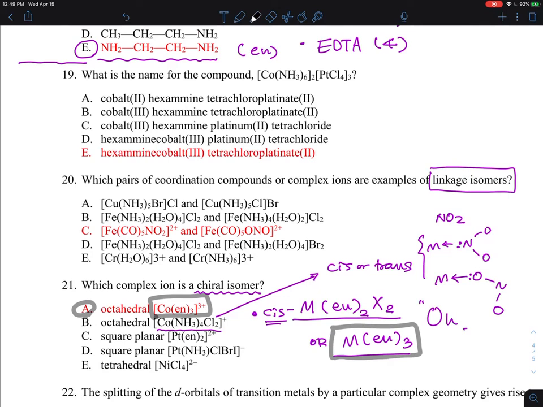So this is where the lone pairs come in: which one is connecting. If you look here, that's a nitrito, and this is a nitro, docking to the central atom of the ion.